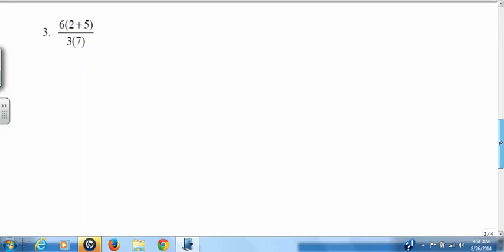Problem number 3. Okay, we have a fraction line. Are you scared about that? I don't think so, right? When you have fraction lines, you should move on, working each part of your fraction, numerator or denominator, one at a time. And if you look on your top here, and don't forget, right, you have PEMDAS.